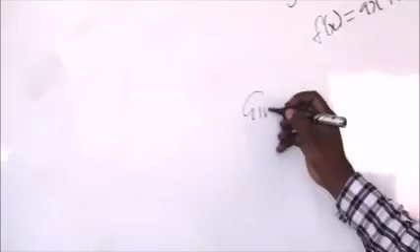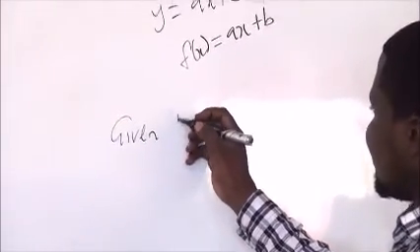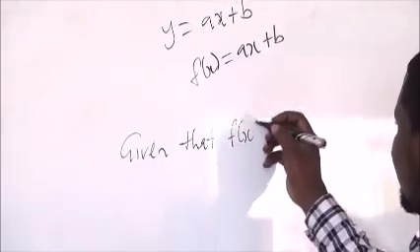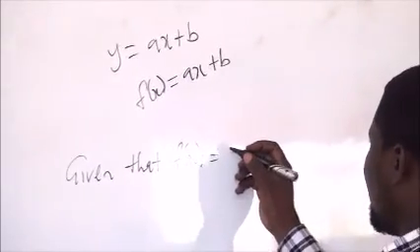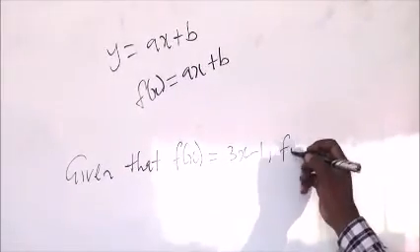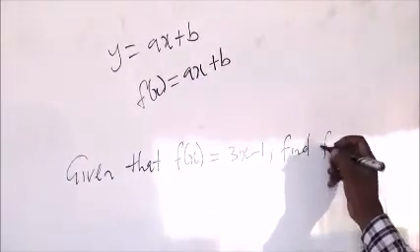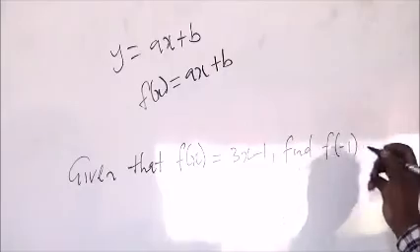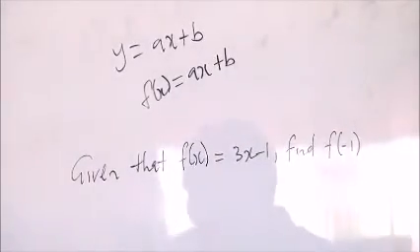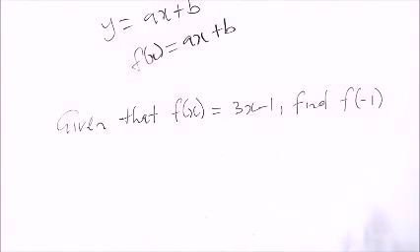It can be given to say, given that f of x is equal to 3x minus 1, find f of negative 1. Find f of negative 1.